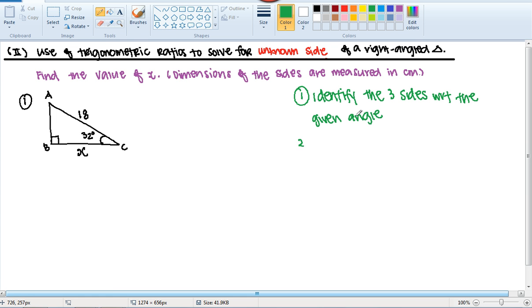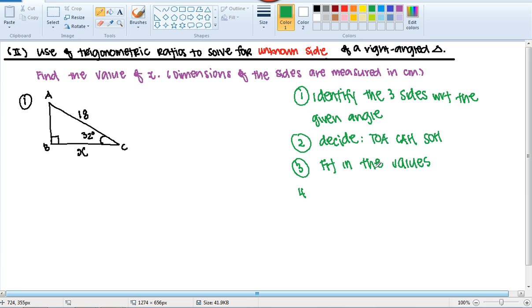Once we've identified the three sides, based on the given information, we're going to decide whether we're going to use SOH, CAH, or TOA. Once we've decided, we shall fit in the values, and then we're all ready to solve for the unknown.